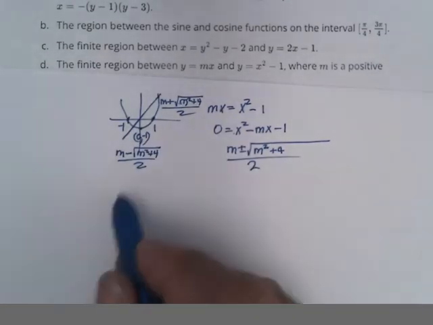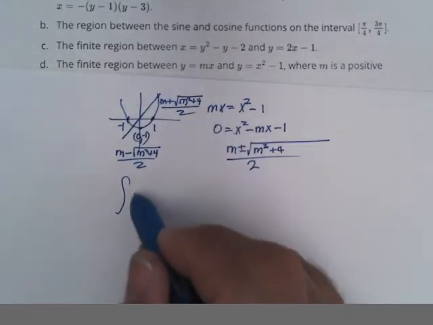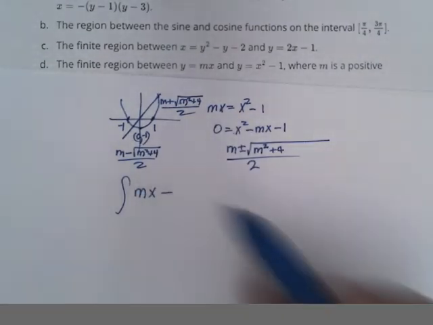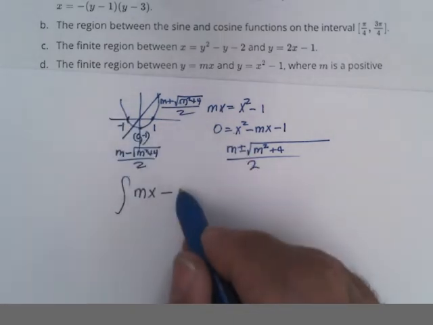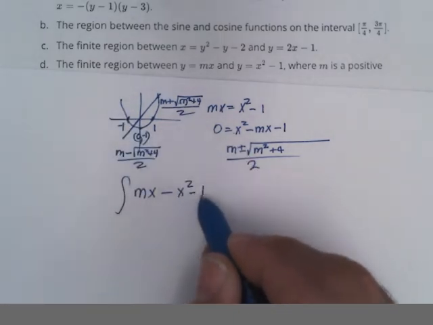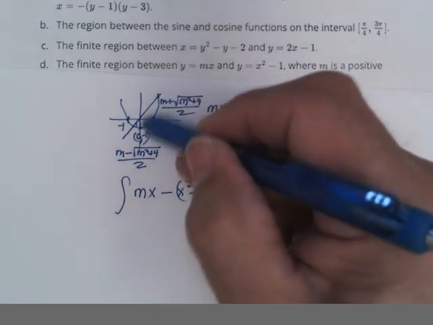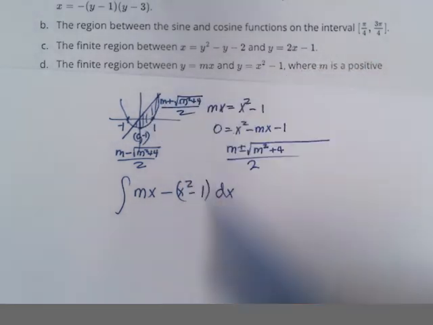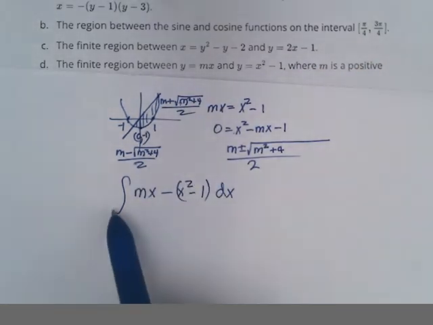And so we do the antiderivative of the line is higher, so we do mx minus the parabola, which is x squared minus 1 in parentheses dx, because we're doing vertical slices, so the widths are dx, and we're going from there to there.